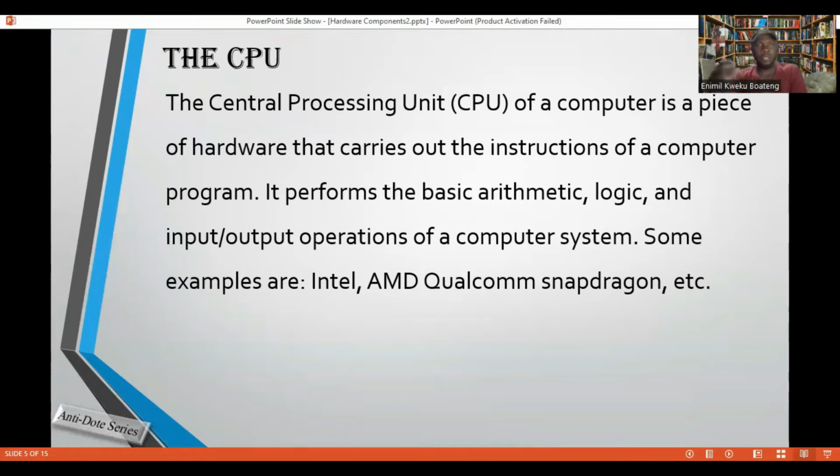However, Qualcomm Snapdragon and Samsung Exynos are mobile phone CPUs. So if you are asked to give some mobile phone CPUs, you are looking at Qualcomm Snapdragon or Samsung Exynos. But for desktop computers or laptops, you are looking at Intel and then AMD. And I said we have AMD Athlon, Intel Celeron, Intel Pentium, Intel Silver, and other Intel CPUs as well.